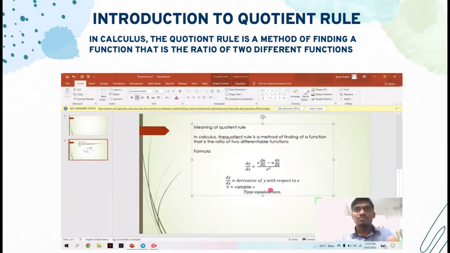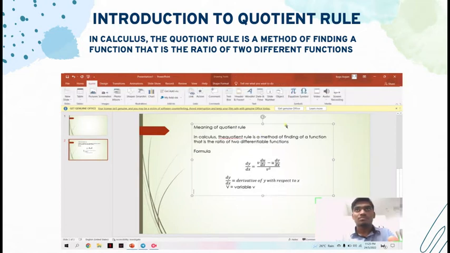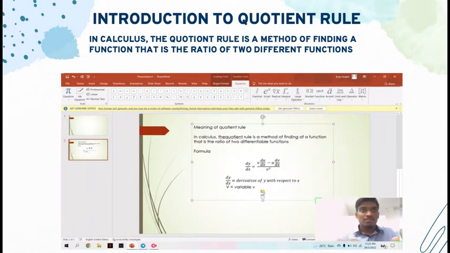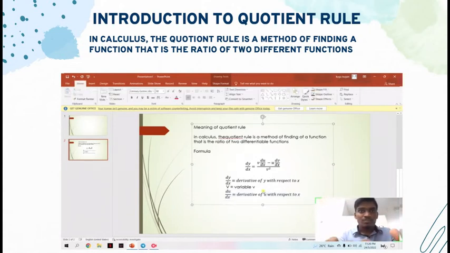The third one is du per dx, known as the derivative of u with respect to x. u is variable u.